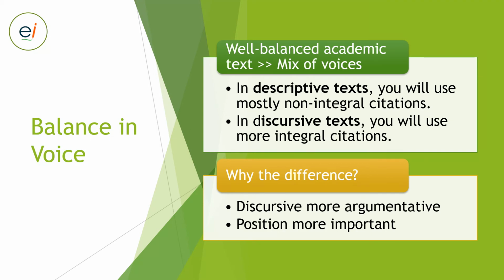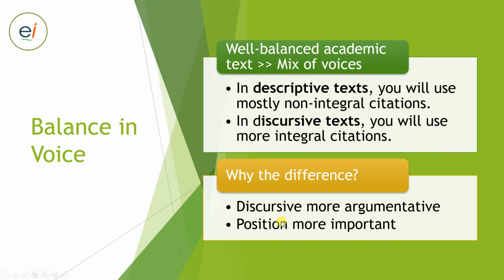Well, the reason is that discursive texts by nature are more argumentative because they involve taking a position on something, taking a stance, and arguing for it strongly. Descriptive texts are more about describing facts in a neutral type way, right?